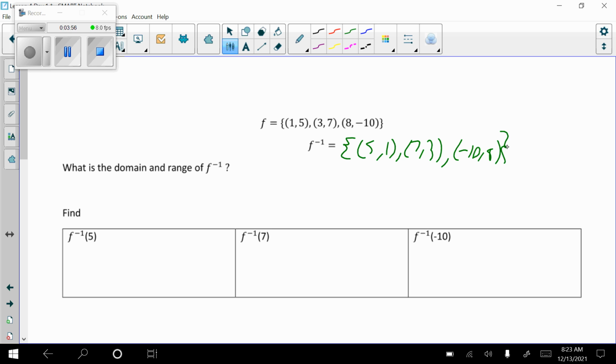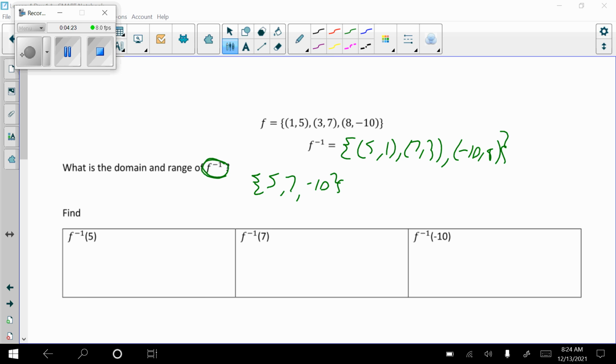So remember, the domain, those are your x values. So I'm just going to list the x values, 5, 7, -10. Notice those were my previous range values. My new range is now going to be my previous domain value. So what I'm saying is that when you're finding the inverse, the domain and range flip.